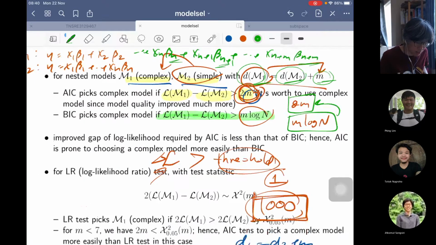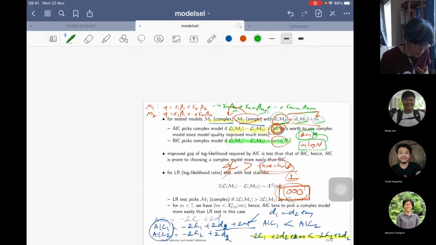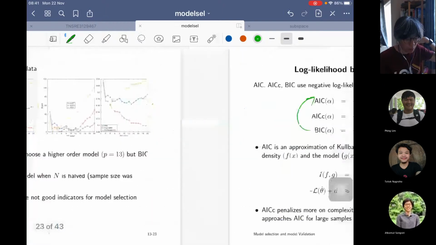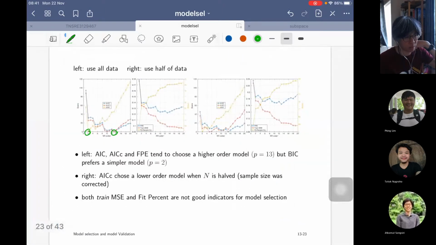It means that AIC only requires a threshold of 2m, a smaller value, so it's easier for AIC to prefer a complex model. Or in other words, BIC will prefer a simpler model. And that again confirms everything we see from the experimental results here.